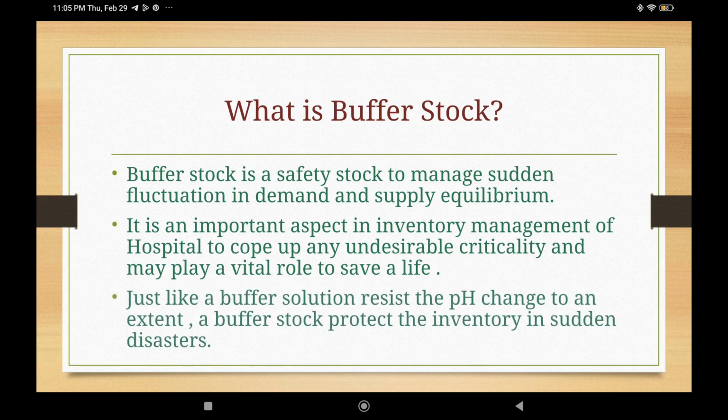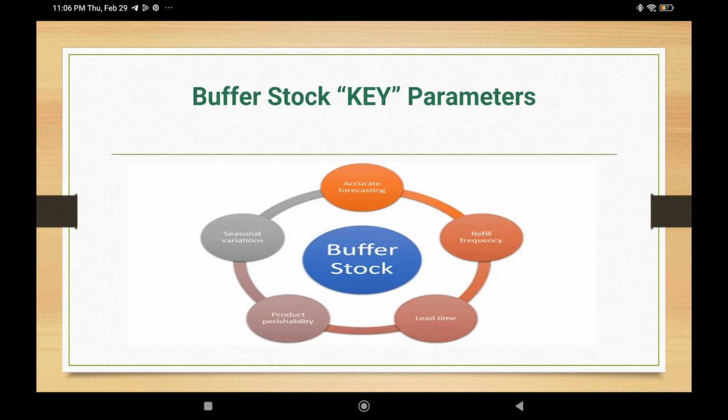Now in the next point, just like a buffer solution resists the pH change, which I told at the beginning, to an extent a buffer stock protects the inventory in a sudden disaster. If any situational event occurs, then the buffer stock gives a backup. Now next come to the key parameters of the buffer stock.